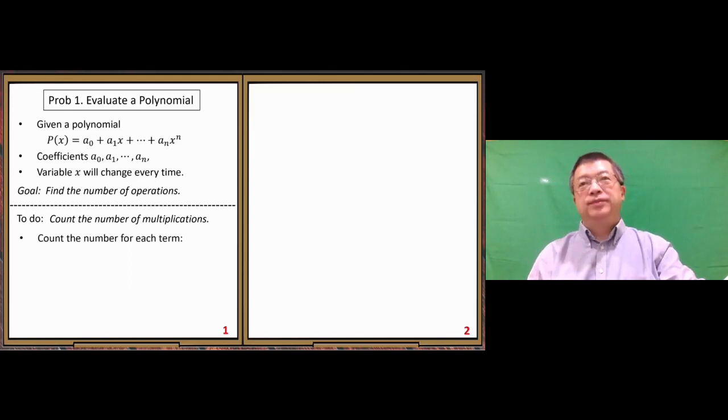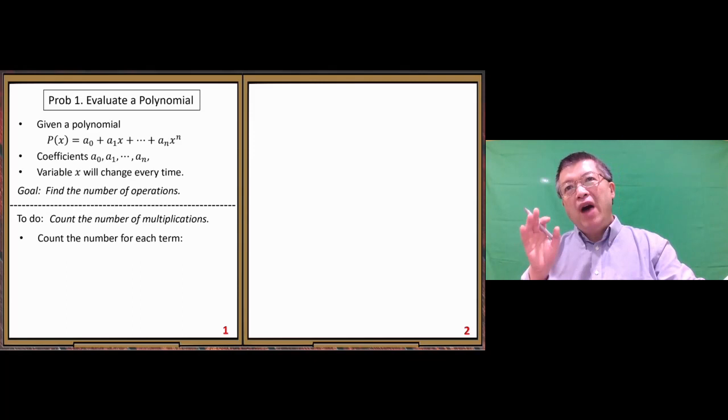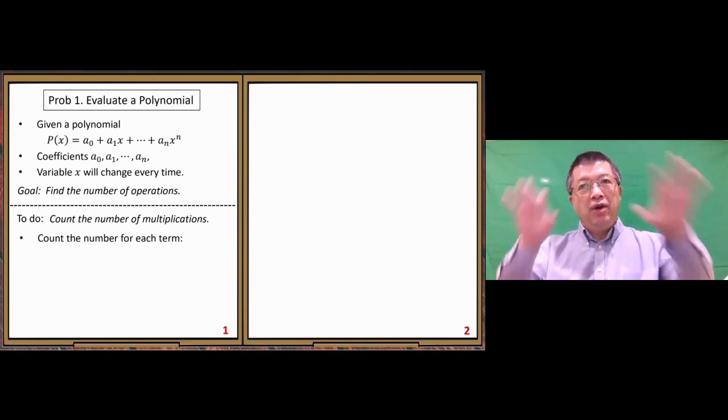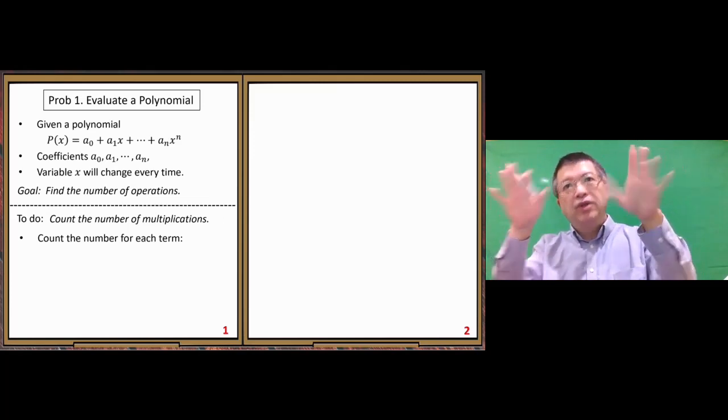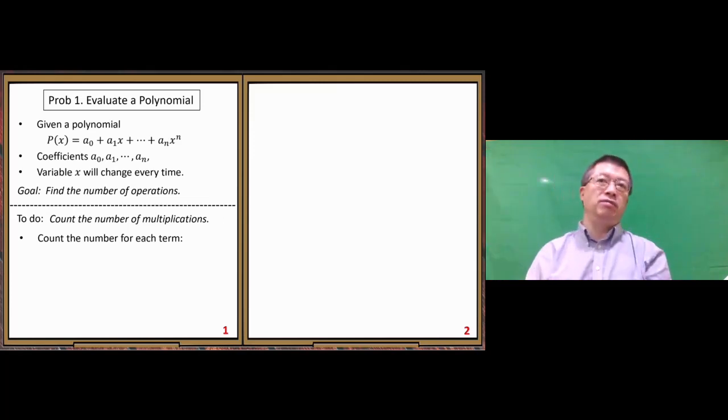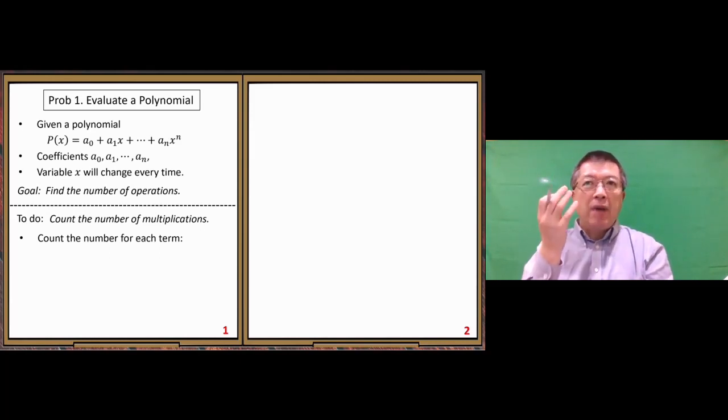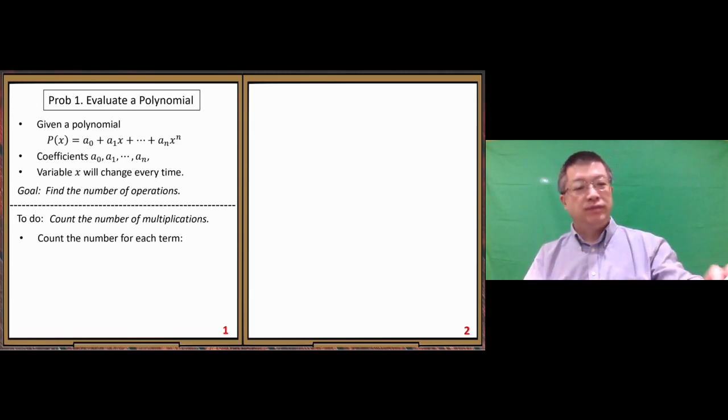When we count, we may do some divide and conquer. So let's divide the whole polynomial into several portions. Here, term by term, we have many terms. Can we count the number of multiplications for each term? That should be easier.